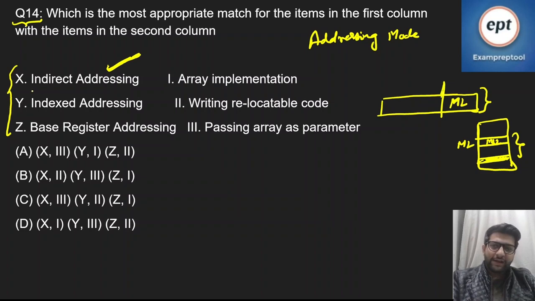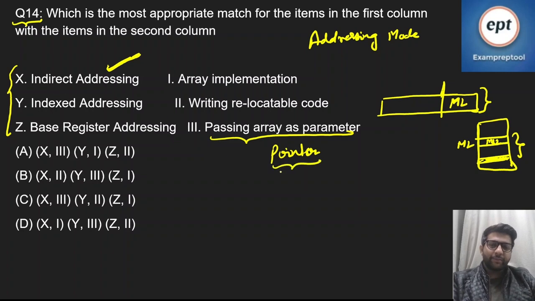So indirect addressing is used for passing an array as a parameter. Why? Because when we pass an array as a parameter, we use the concept of pointers, and we know very well that indirect addressing supports the concept of pointers. So x will be matched with 3.